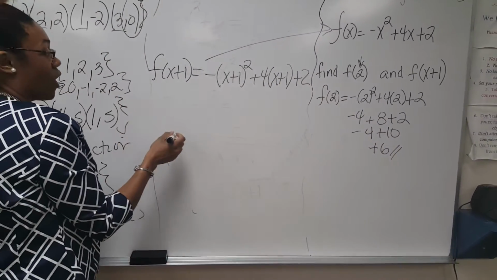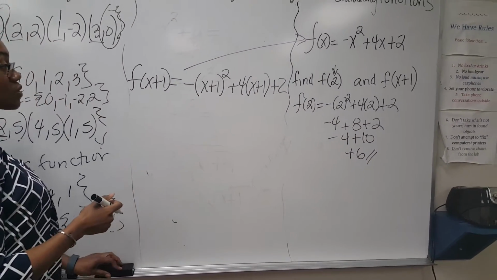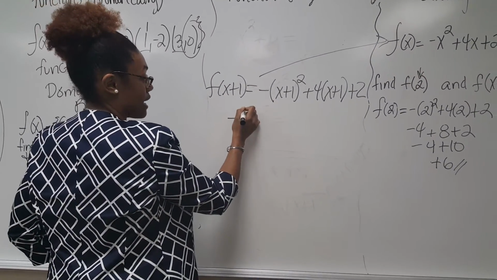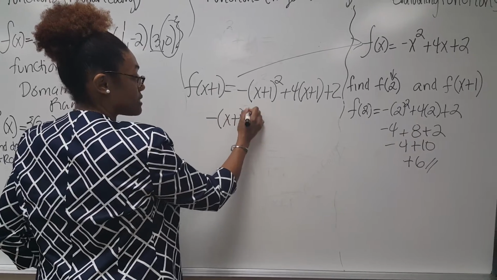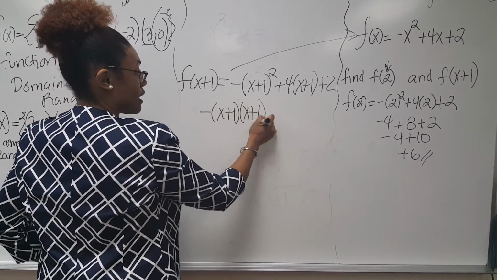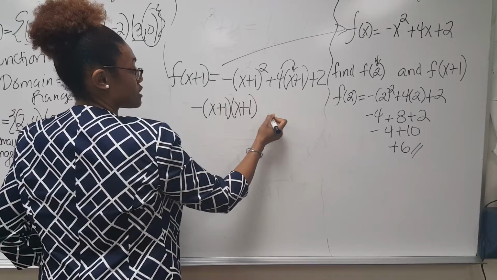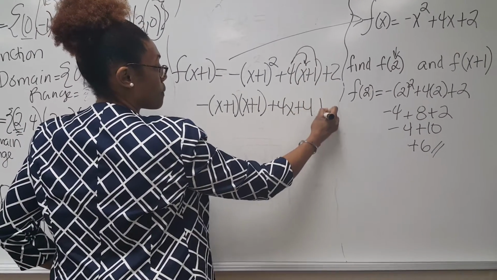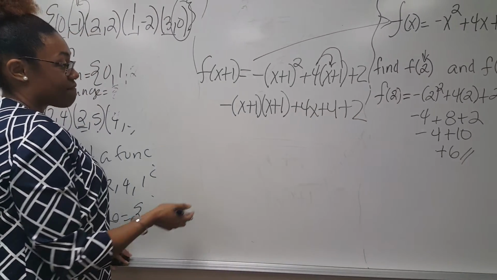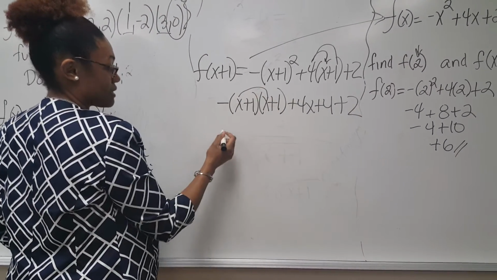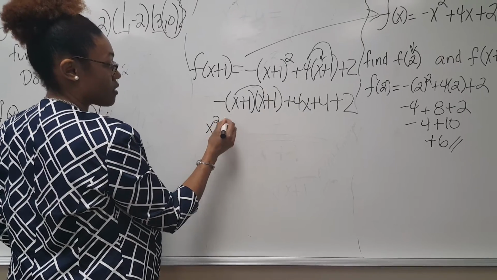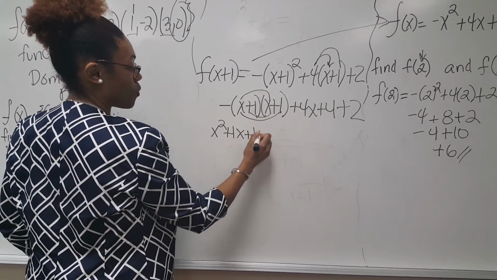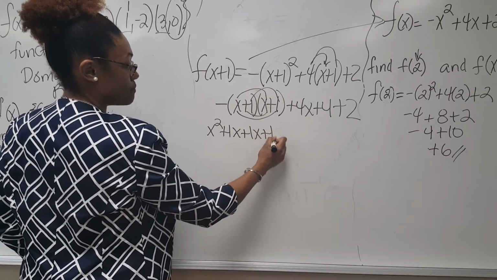So technically this x plus 1 squared means I would have to FOIL that, because this is saying negative x plus 1 times x plus 1, and then I'll go ahead and distribute this for you. This will be plus 4x plus 4 plus 2. So if I FOIL this, this will give me x times x, which will be x squared, x times 1, which will give me 1x, plus another 1x, plus 1.